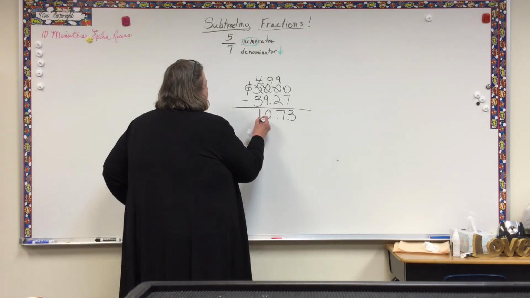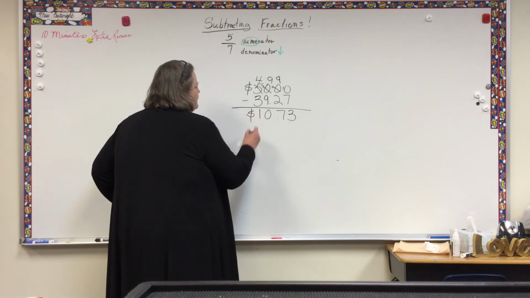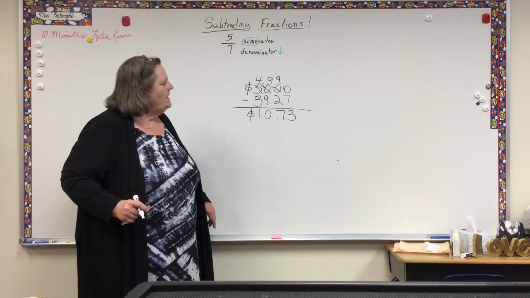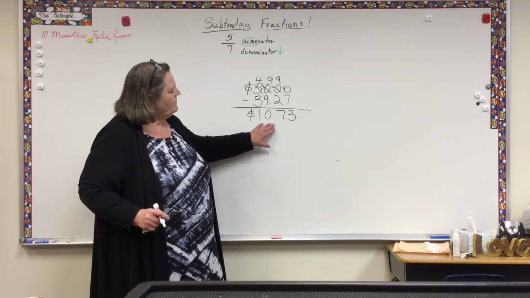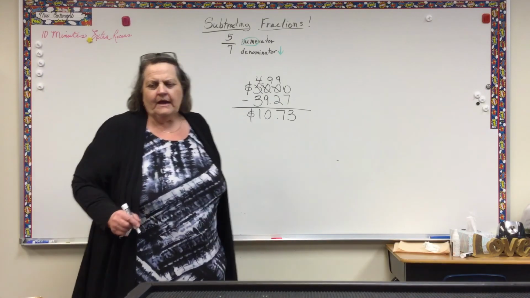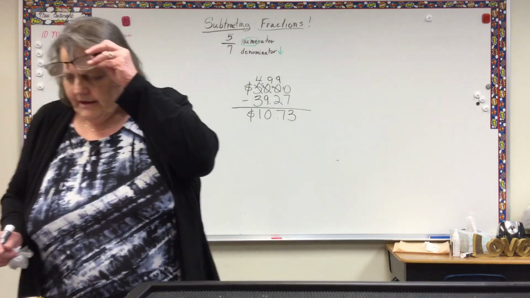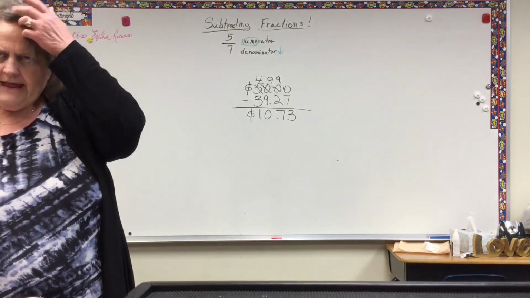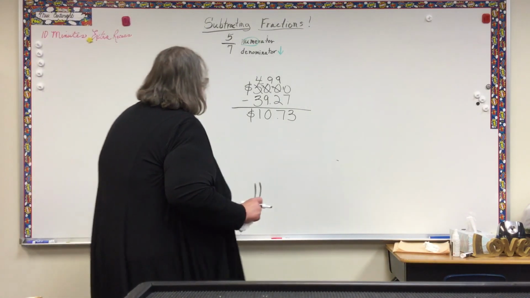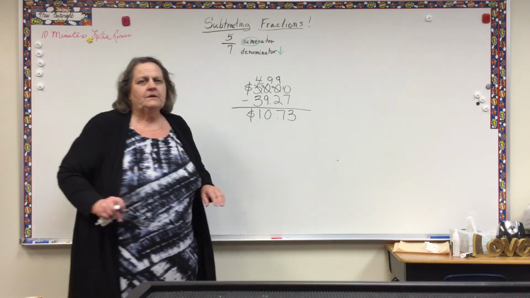Now remember, when you're talking about money, your answer's got to be in money, doesn't it? Okay, so we have $10.73 in change, okay? I don't know if it didn't put a label on that one. Okay, so not much left.